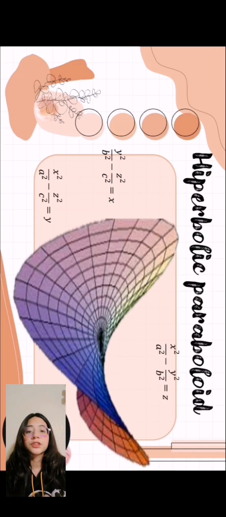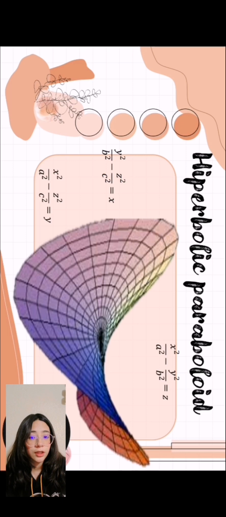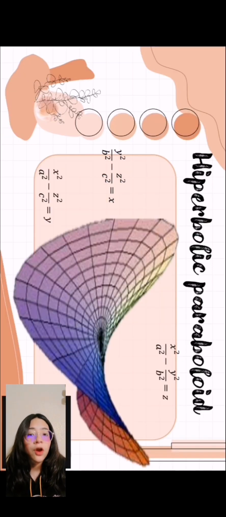As we can see, there's not such a big difference between these equations and the other ones previously presented. But the difference is that we find one quadratic term negative and another one positive.